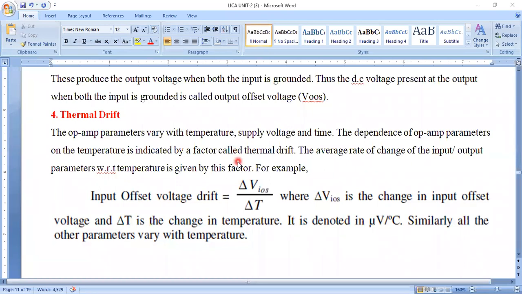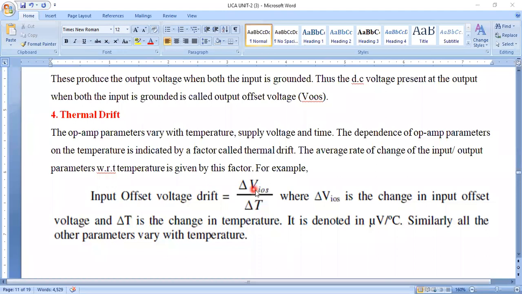So how can we define thermal drift? The thermal drift or temperature effect of an operational amplifier affects offset voltages and bias currents. That's why we defined input offset voltage drift, which is equal to change in voltage with respect to change in temperature.